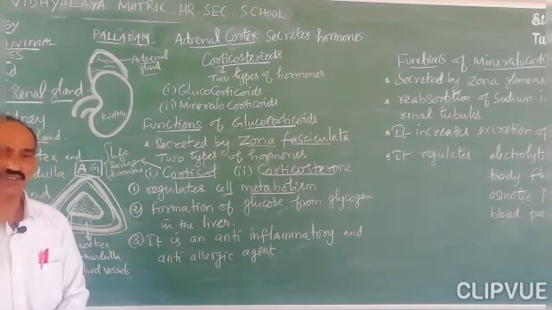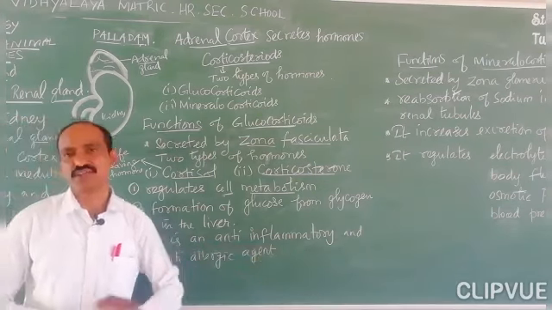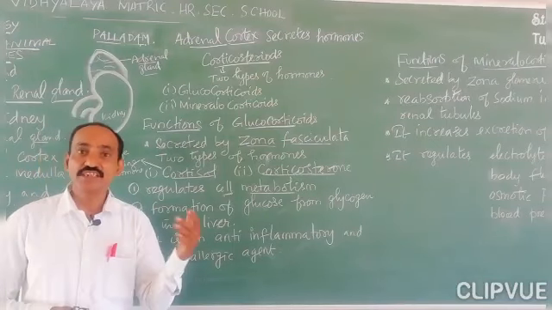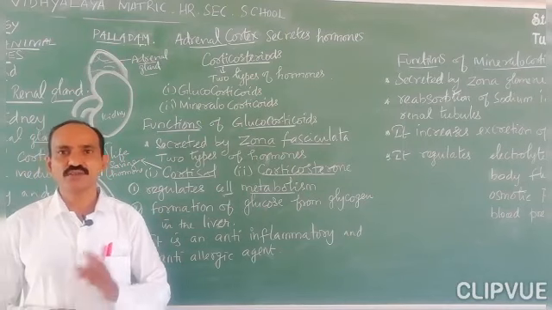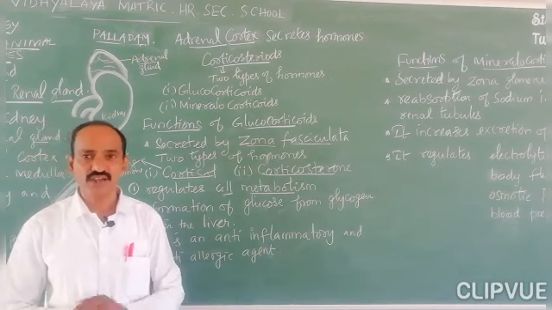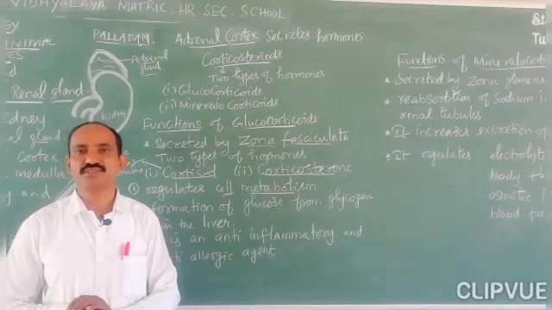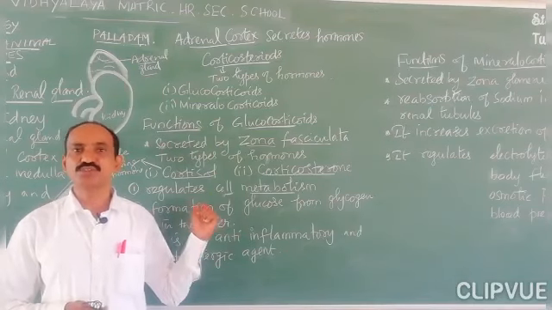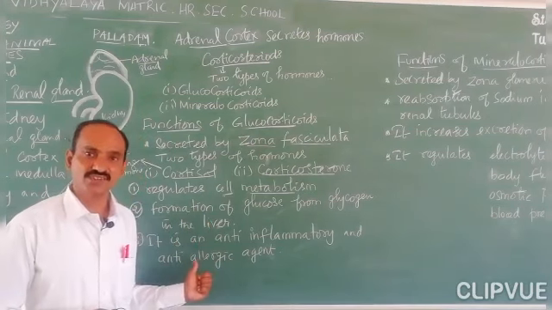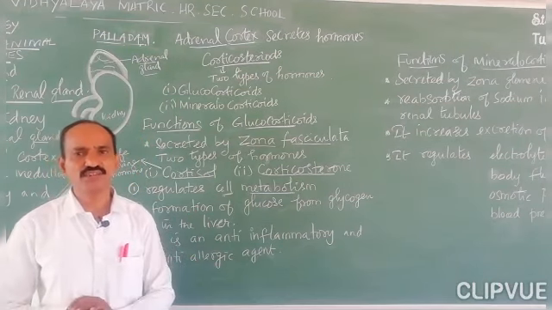Next point, it acts as an anti-inflammatory. Inflammatory means swelling. Anti-inflammatory means against swelling. Sometimes when we get injured or wounded, when we fall down somewhere and swelling takes place, that swelling will be prevented or reduced by these glucocorticoid hormones. They also act as anti-allergic agents in our body.